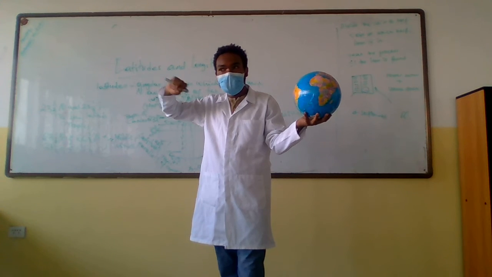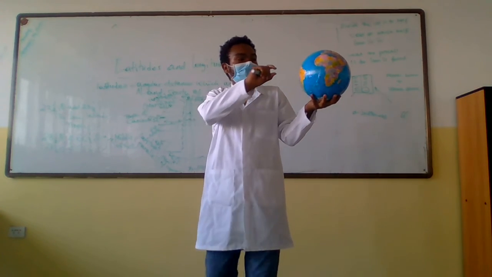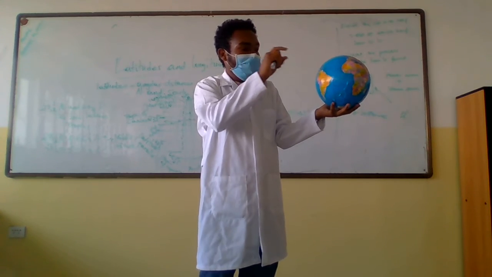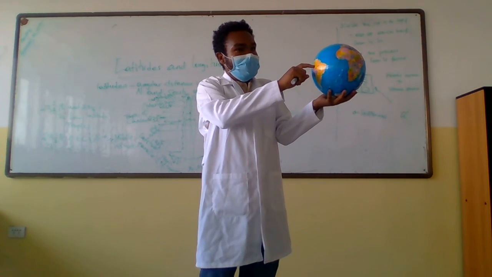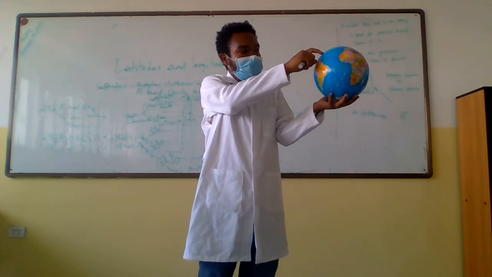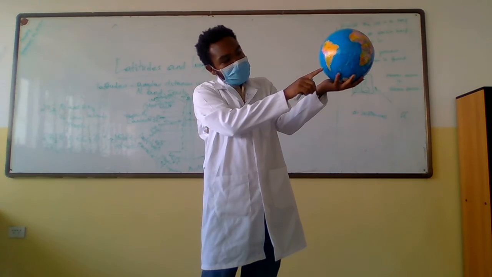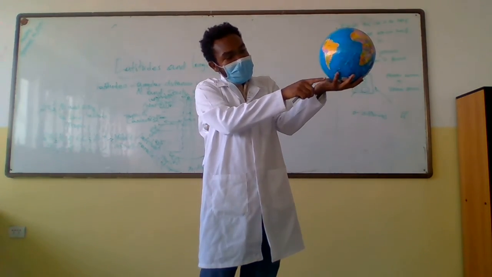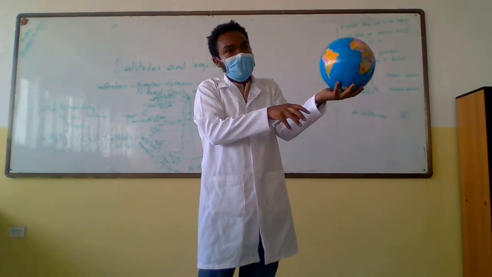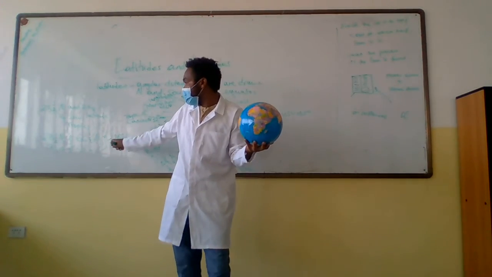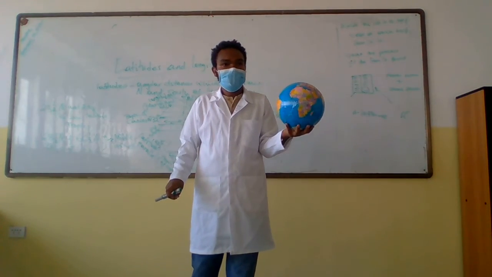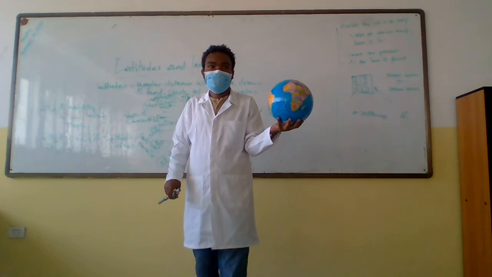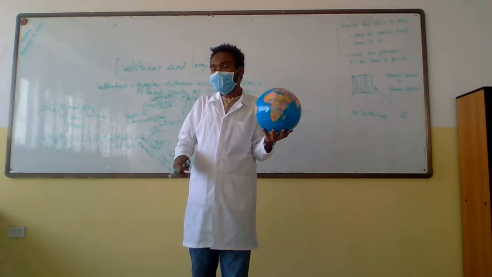Let me repeat it, students. The areas between the Tropic of Cancer and the Antarctic Circle, and between the Tropic of Capricorn and the Arctic Circle, we call middle latitude.